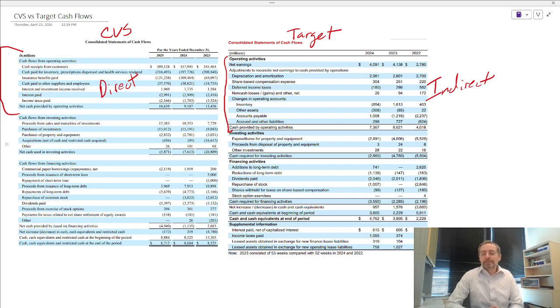Really, the only number that has any meaning whatsoever is this last number. All of these other numbers, as we'll see when we learn to put this together, they have very little meaning to an investor. And so this is really the only number that means anything. And so that's the total. How much did we get from our day-to-day operations? And it's just a total number. Using the direct method or the indirect method is going to get us the same total. It's just, can we find the details that we want?